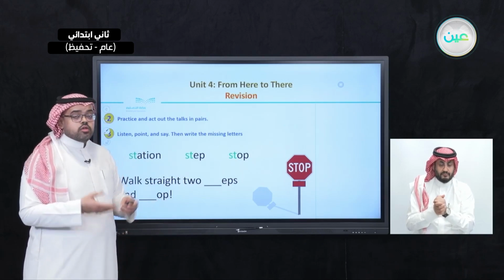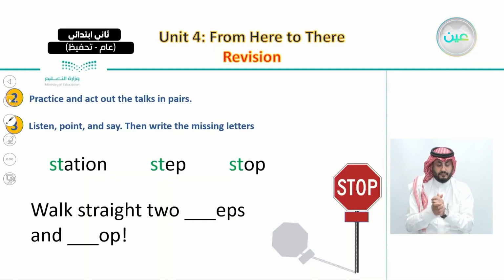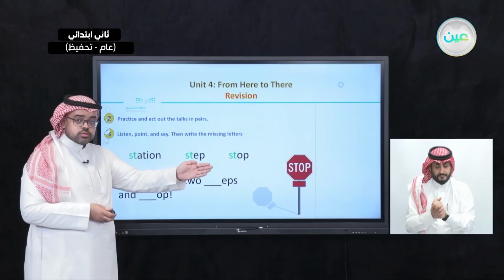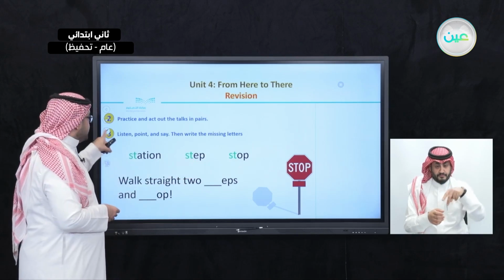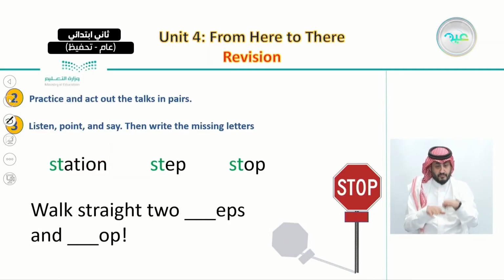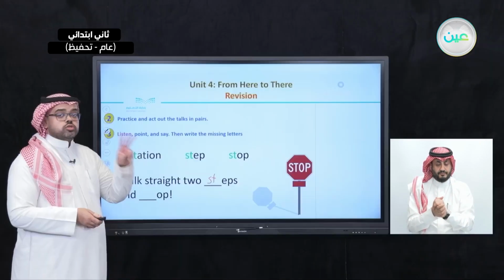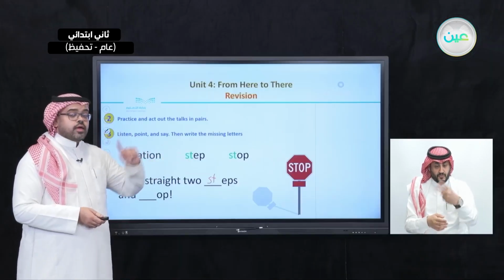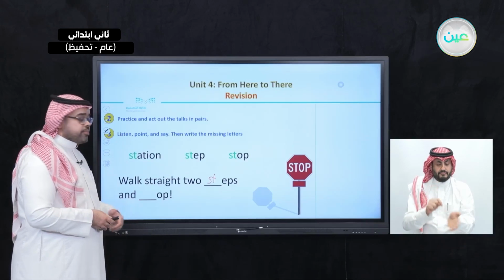Here we have three different words that we can use when we give directions. For example, let's have a look at this sentence: walk straight, 2 steps. Here we continue this blank with the letters S and T: walk straight, 2 steps, and stop.